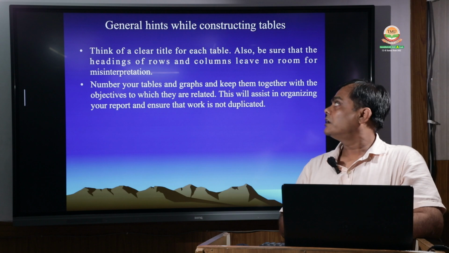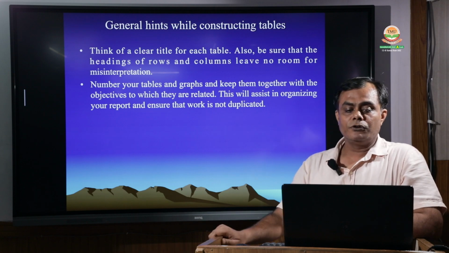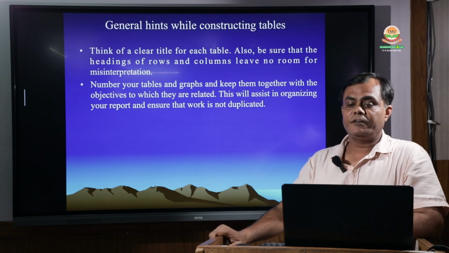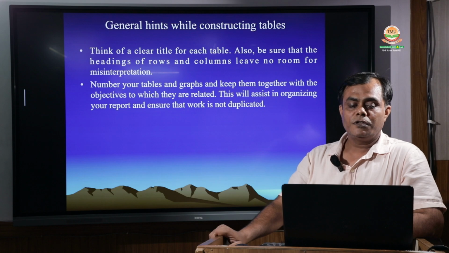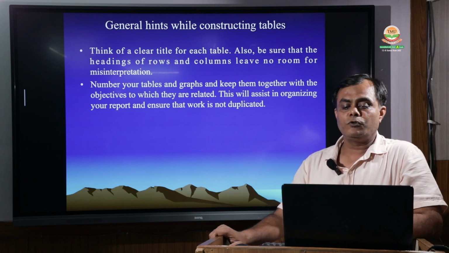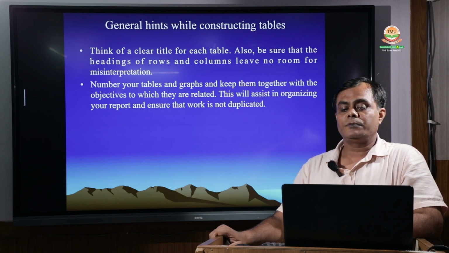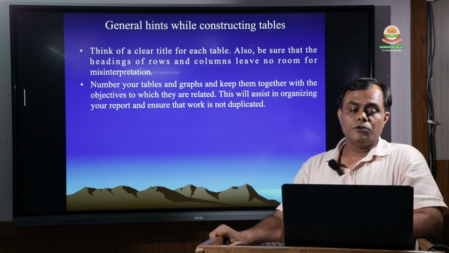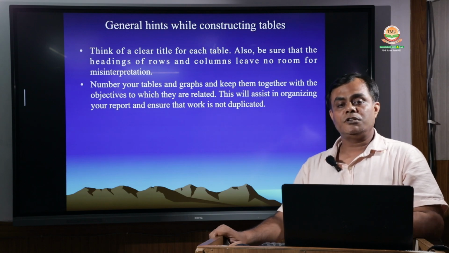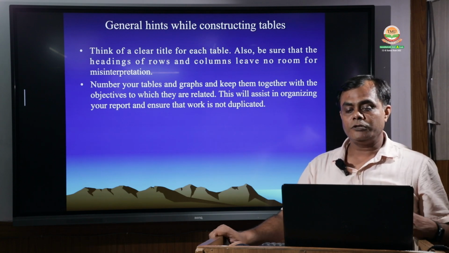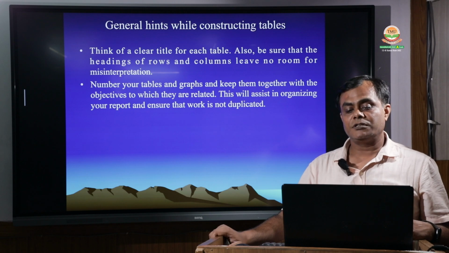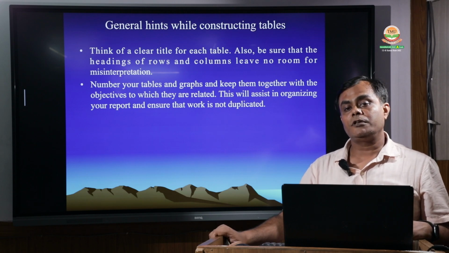Construction of figures and graphs. If your report contains many descriptive tables, it may be more readable if you represent the most important ones in a figure. So when you are going through the presentation, you have to construct the figures and graphs in a very careful manner.